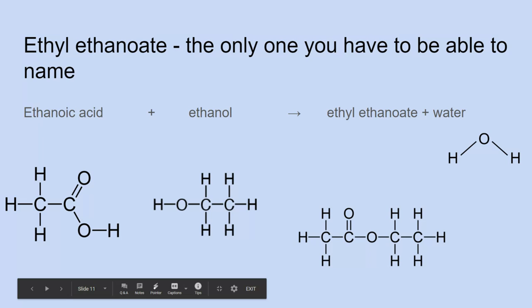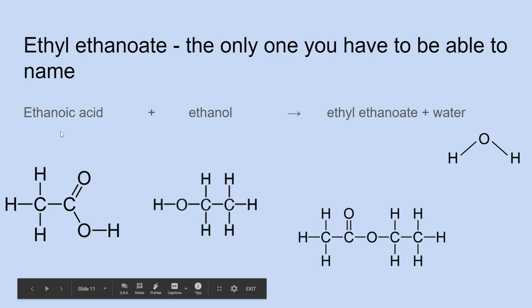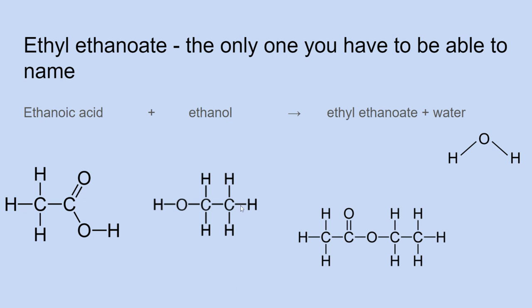You're only expected to know ethyl ethanoate. That's the only ester that you need to be able to name. You don't have to name any of the other ones. Okay, so we have ethanoic acid here and we have ethanol here, so both with 2 carbons in the chain length.